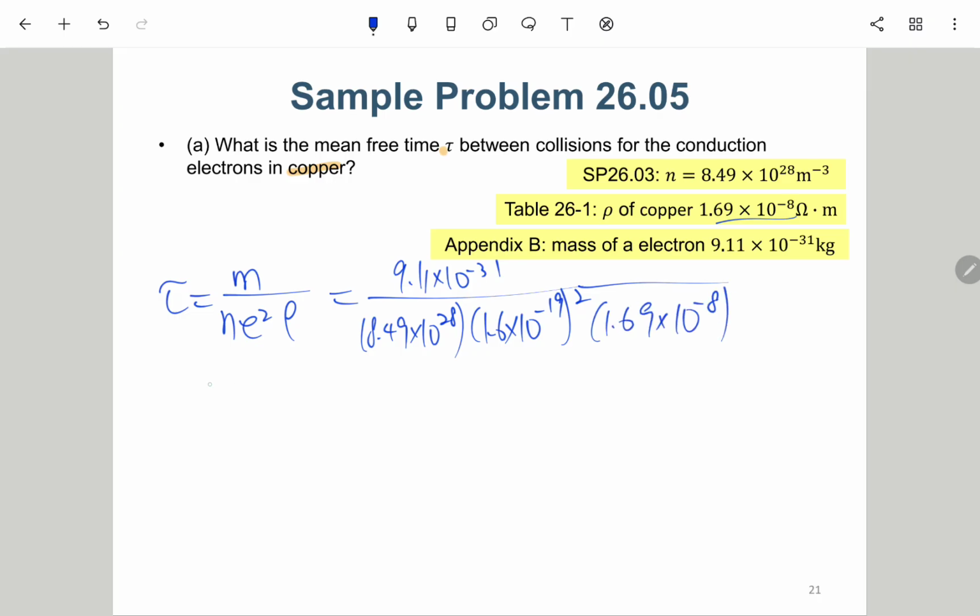So this is nothing but 2.5 times 10 to the negative 14 seconds, or you can write it as 25 femtoseconds. Both are okay. So this time is extremely short.